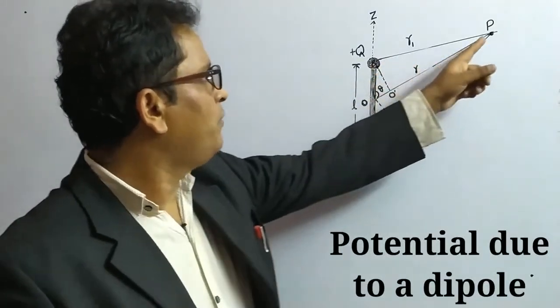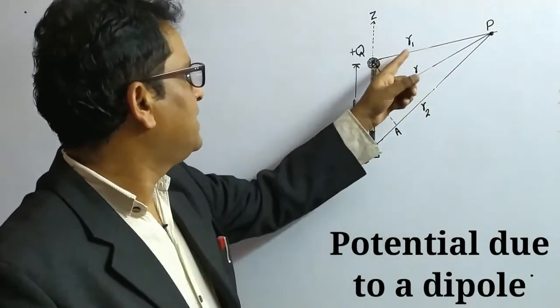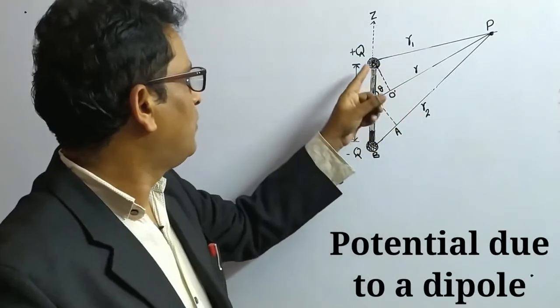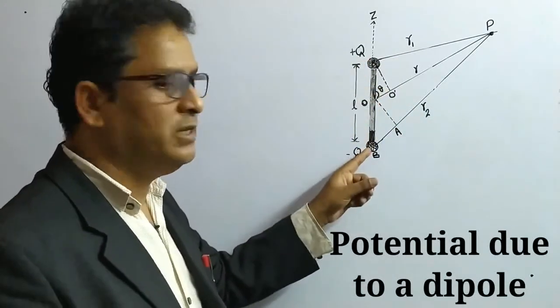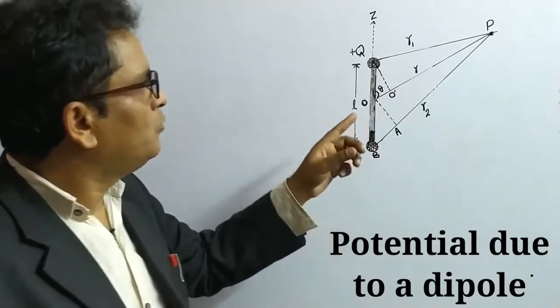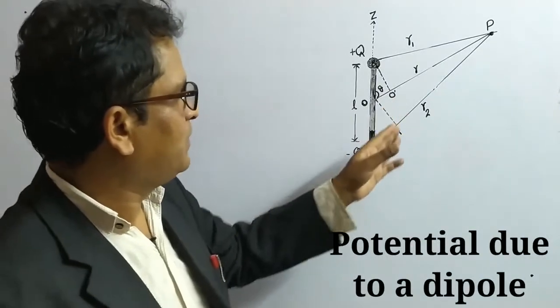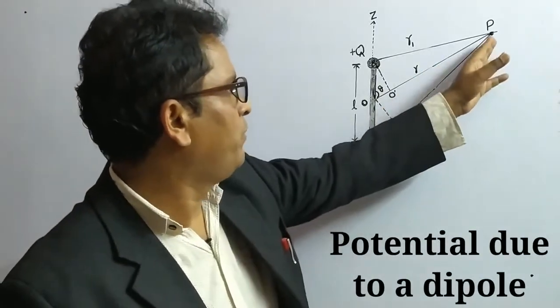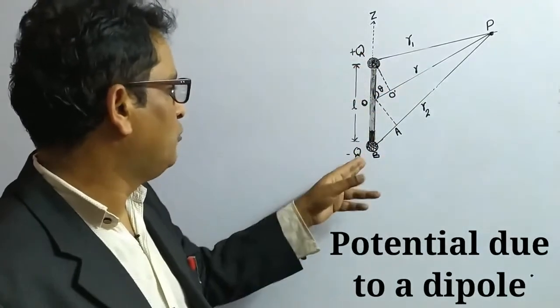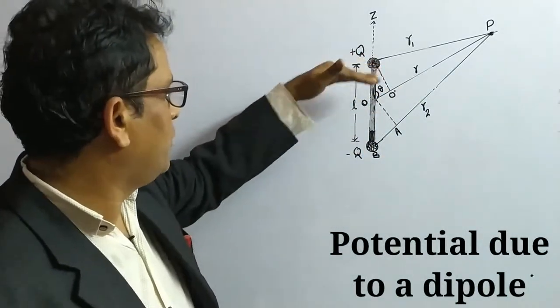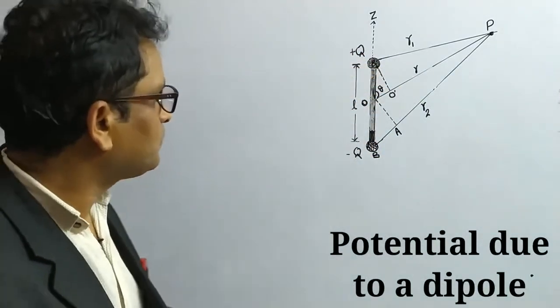Also, the point P is at a distance of r1 and r2 from the positive charge and negative charge, right? So we shall be deriving an expression for potential at point P due to this dipole, which is formed of plus q and minus q charges as shown.